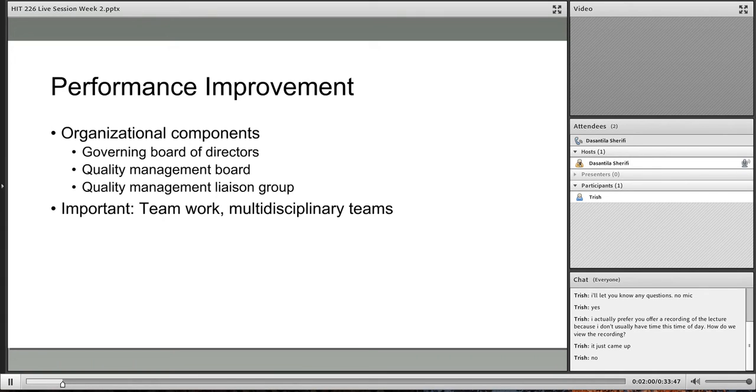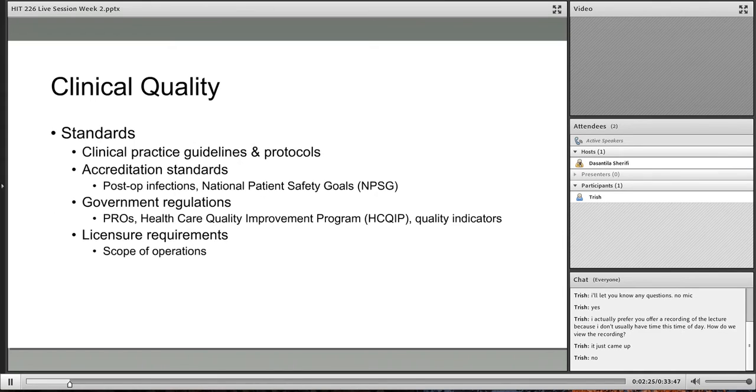They do trainings, they develop coordination, communication programs, all of that. And in all this process, the key theme is that there has to be teamwork, and usually teams are pulled together from different areas, and we call them multidisciplinary. Okay, so these are key things that you guys have to work around as you study.